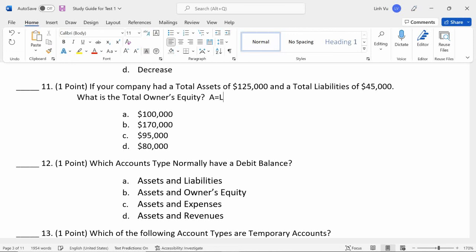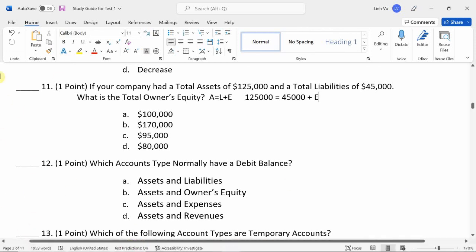Assets equals liabilities plus equity. So if you have total assets of $125,000 and total liabilities of $45,000, what is equity? You can take $125,000, subtract the $45,000, and you should get $80,000. Good.